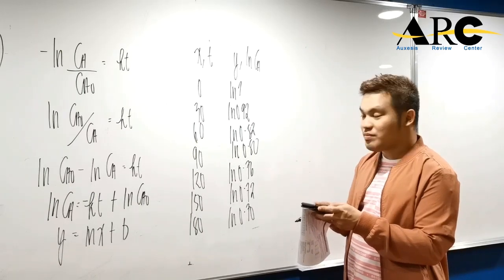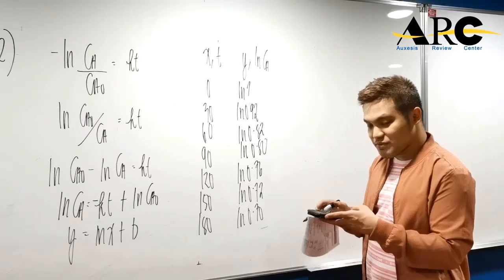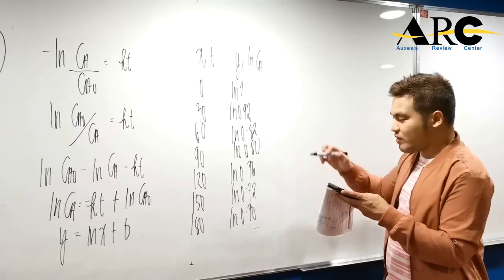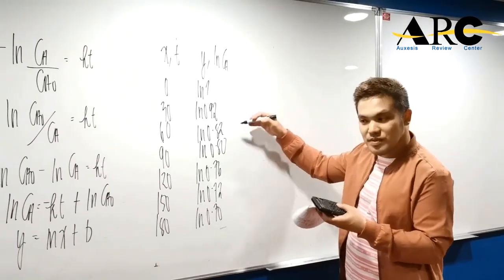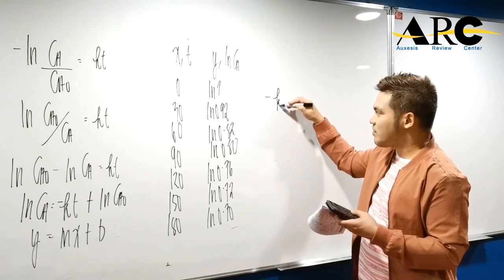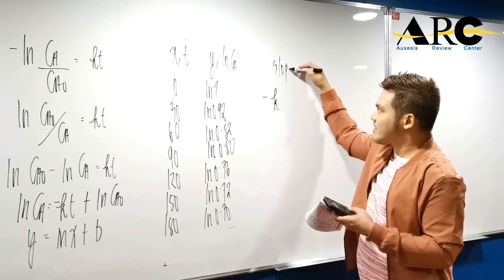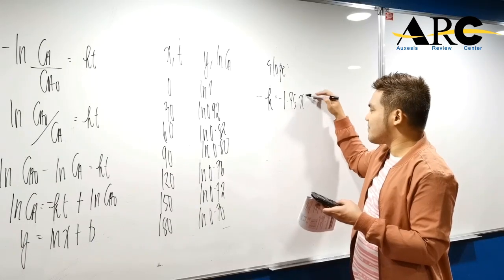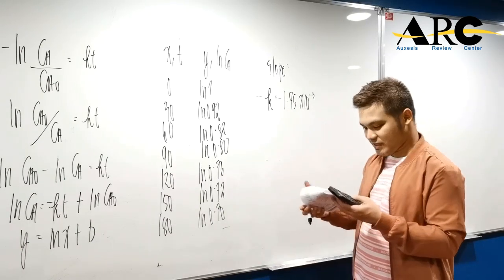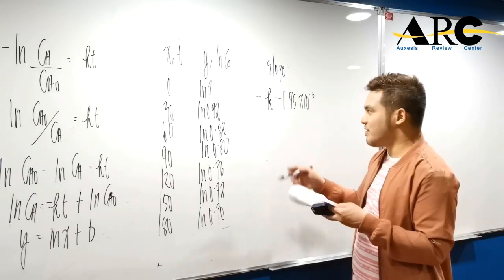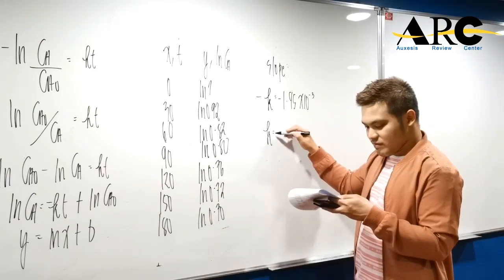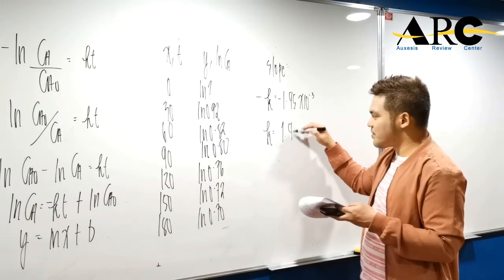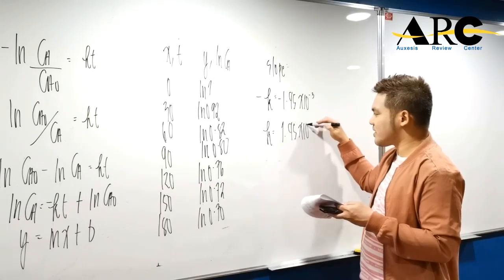Di ba, sa calcu, kunin natin yung slope B. Pag sinabi natin slope, ito yung negative K. Ang makukuha natin, negative K is negative 1.95 times 10 raised to negative 3. Ibig sabihin, ang value ng K is 1.95 times 10 raised to negative 3.